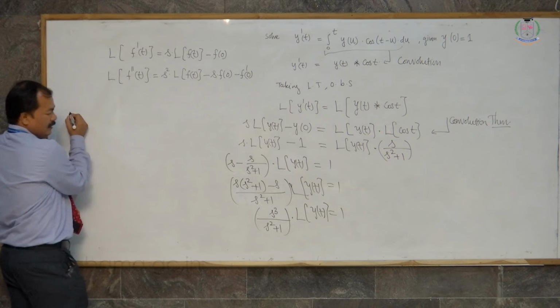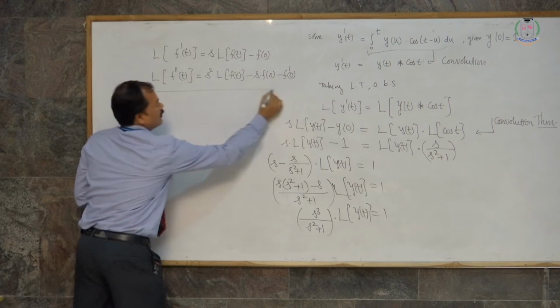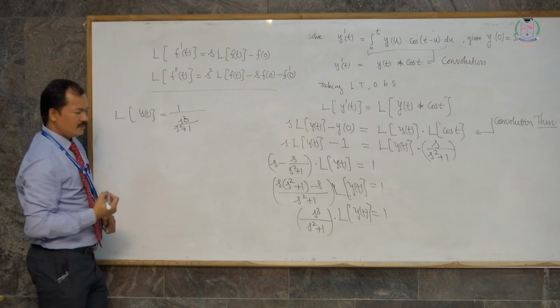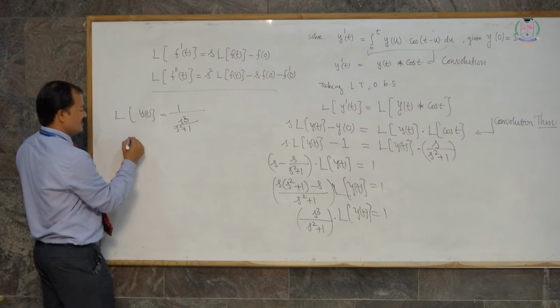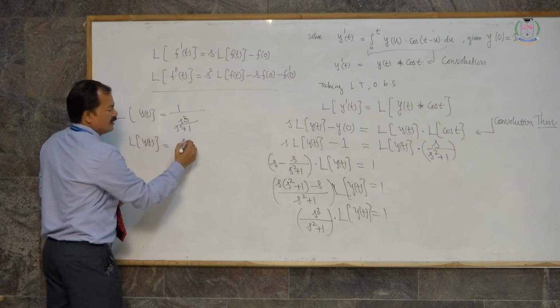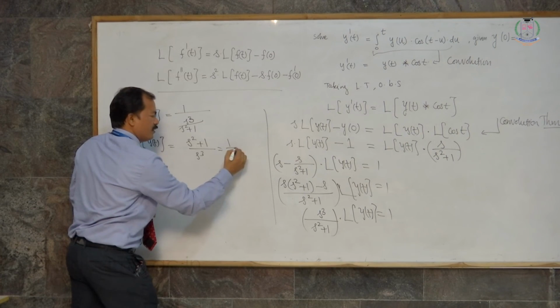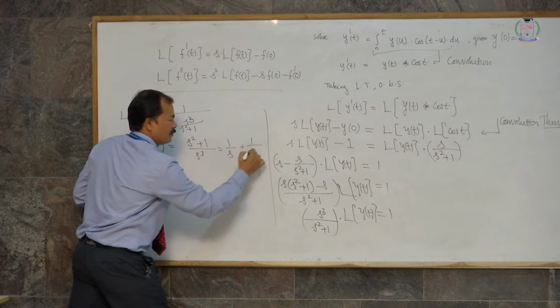So, what happens? L of y of t is equal to 1 upon s cube upon s square plus 1. So, reciprocate this. L of y of t is equal to s square plus 1 upon s cube, that is 1 upon s, the square gets cancelled by s, plus 1 upon s cube.